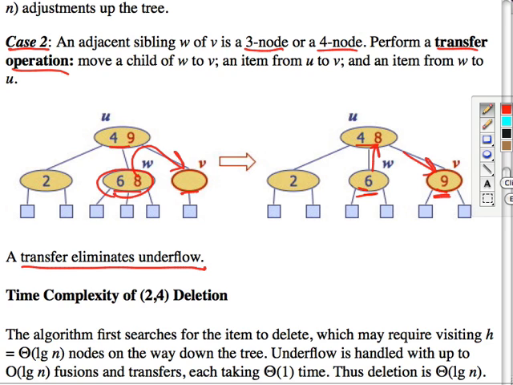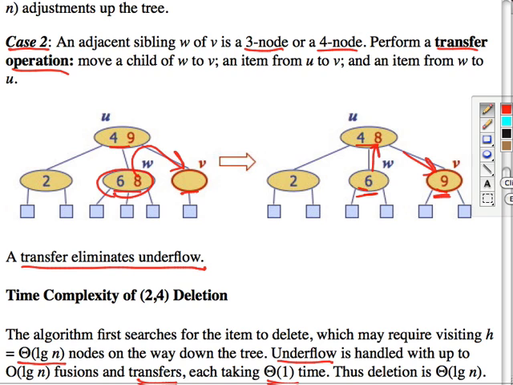So to summarize, of course, the deletion is going to require theta of log n to find the node to delete, including finding the successor that replaces it. And then underflow might be handled in the first case with up to big O of log n fusions, and one transfer, because one transfer always stops the underflow.